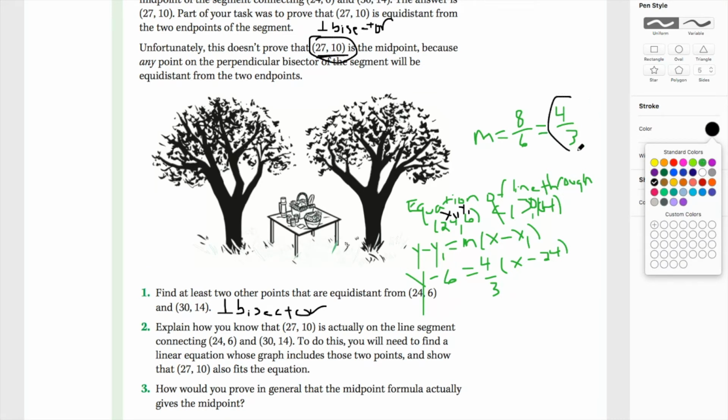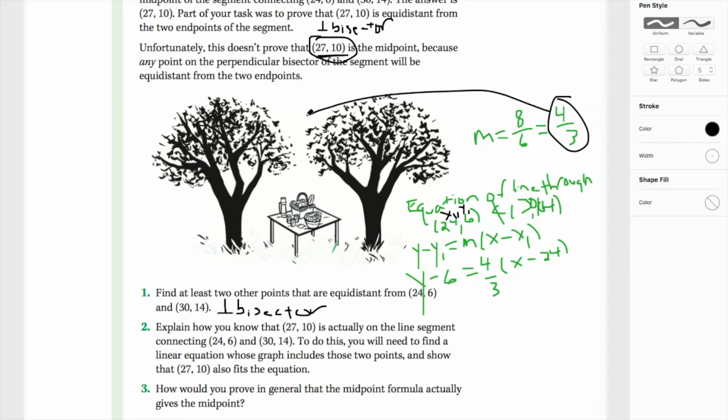This slope right here is going to be related to the perpendicular slope, because the perpendicular slope of this is going to be the negative reciprocal of what we originally have. If m were 4 over 3, then the perpendicular would be negative 1 over 4 over 3, which would just be negative 3/4.